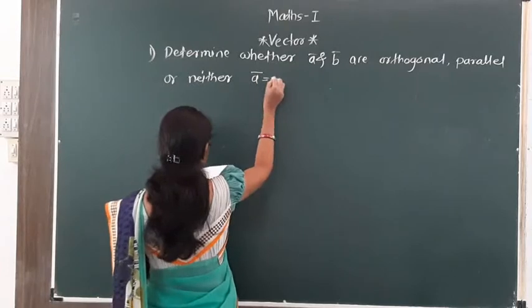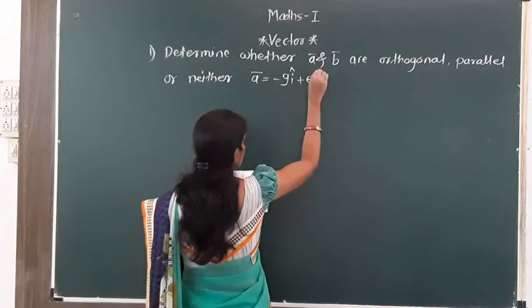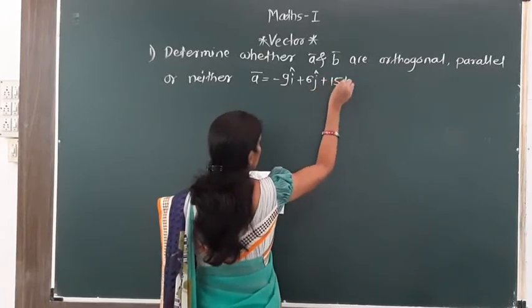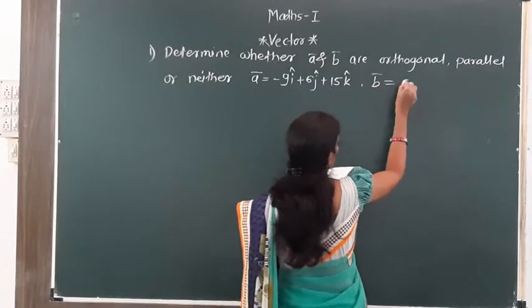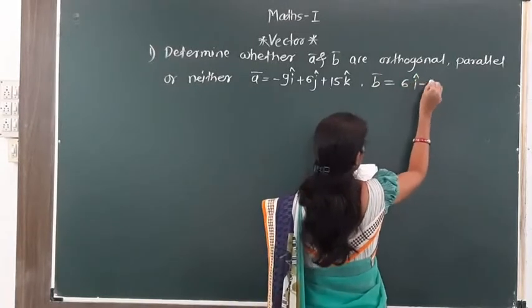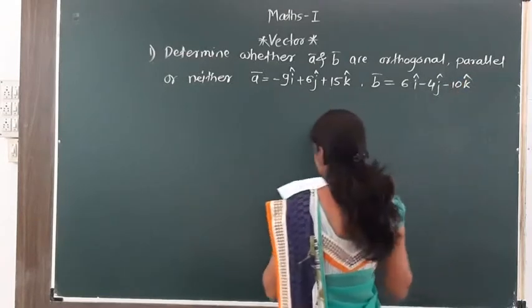Here A bar is equal to minus 9 i cap plus 6 j cap plus 15 k cap, and B bar is equal to 6 i cap minus 4 j cap minus 10 k cap.